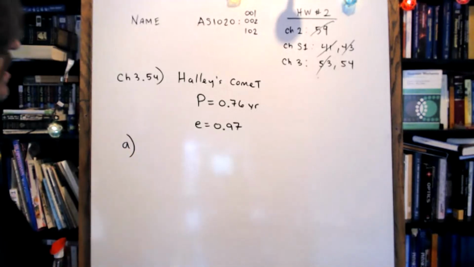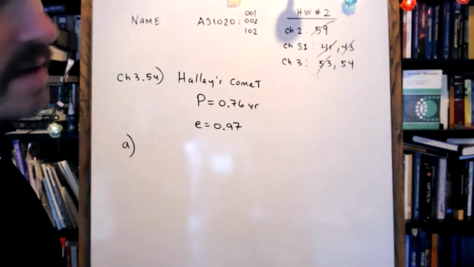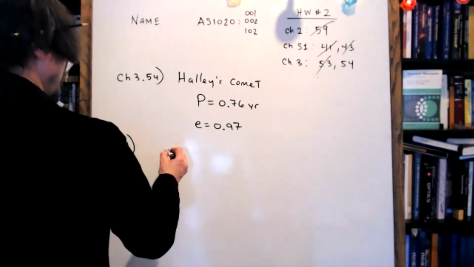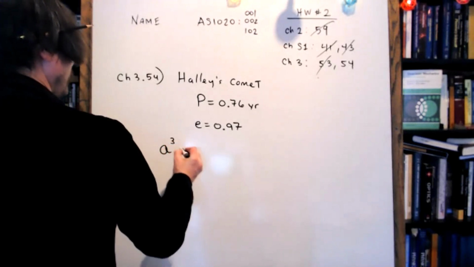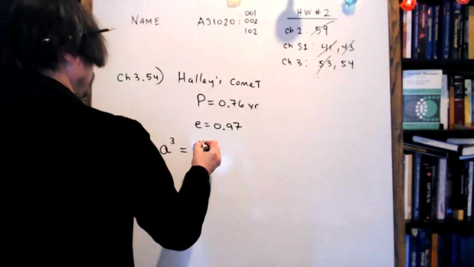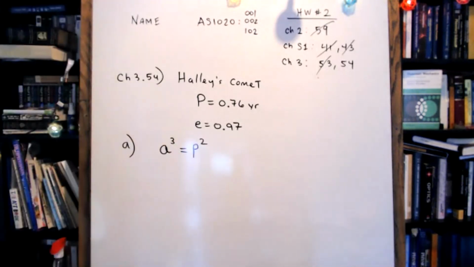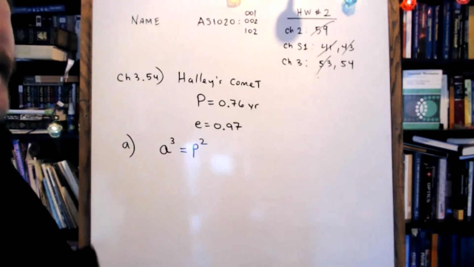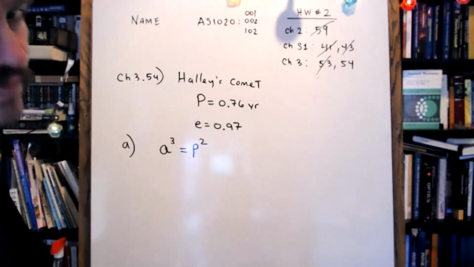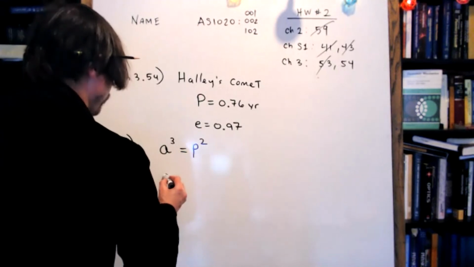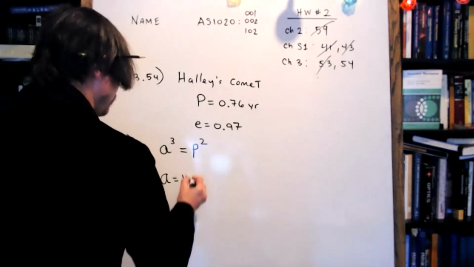Okay. This is a reverse of the problem we did before. Instead of P squared equals A cubed, we flip the equation around: A cubed is equal to P squared. Now, they've given us the period, P, so we're going to take the cube root of both sides.